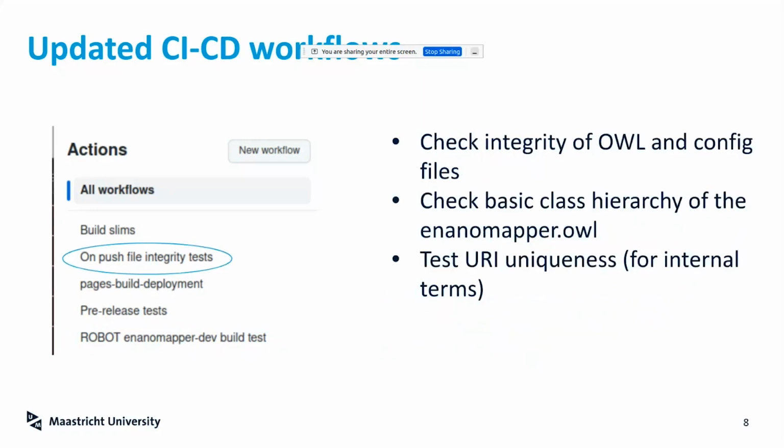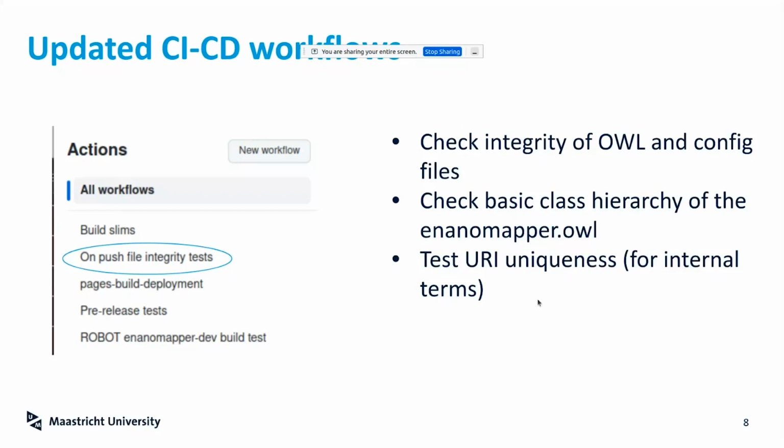We also have file integrity tests on push, checking that the XMLs are well formed and that everything is according to some configuration files. We also check that the class hierarchy of the eNanoMapper is conserved, which is important when using Slimmer, because, as I mentioned, we're importing some new subsets and some things can go wrong.